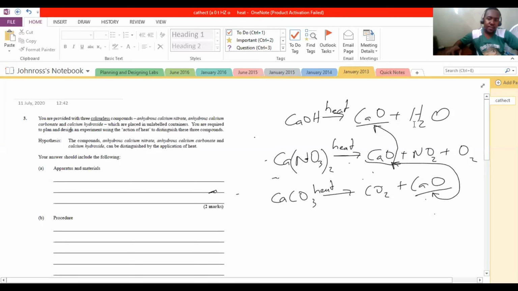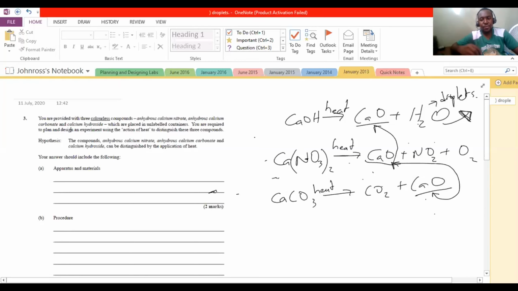But we notice that only calcium hydroxide produces water. So you'll see droplets of water. So that one is simple to distinguish.